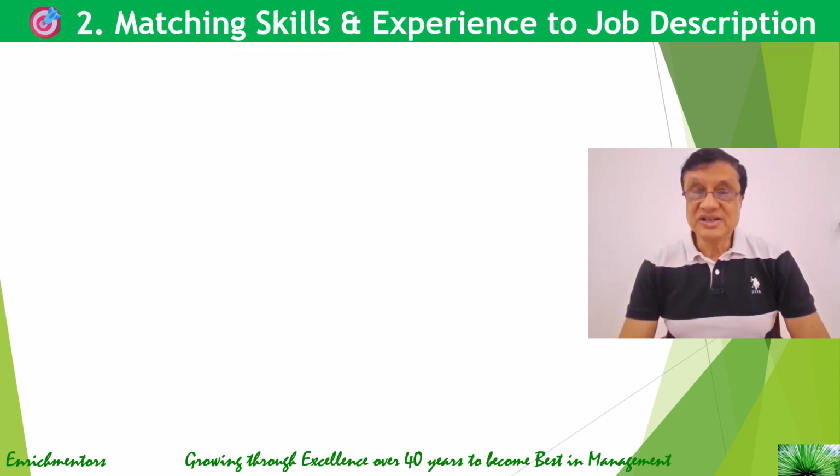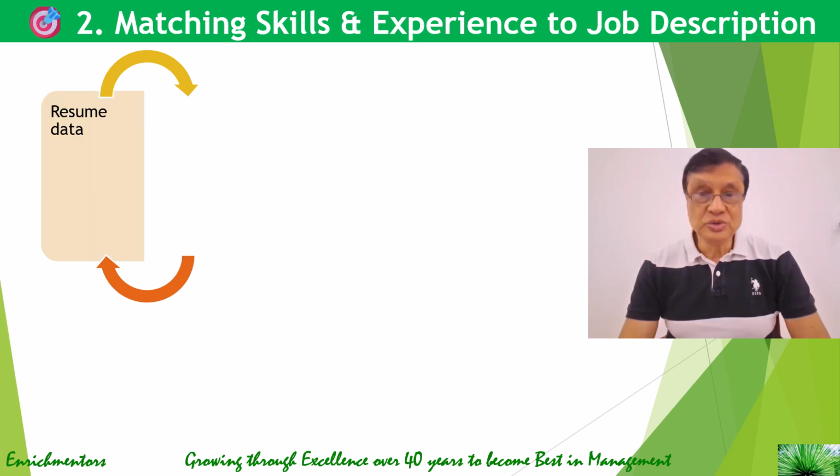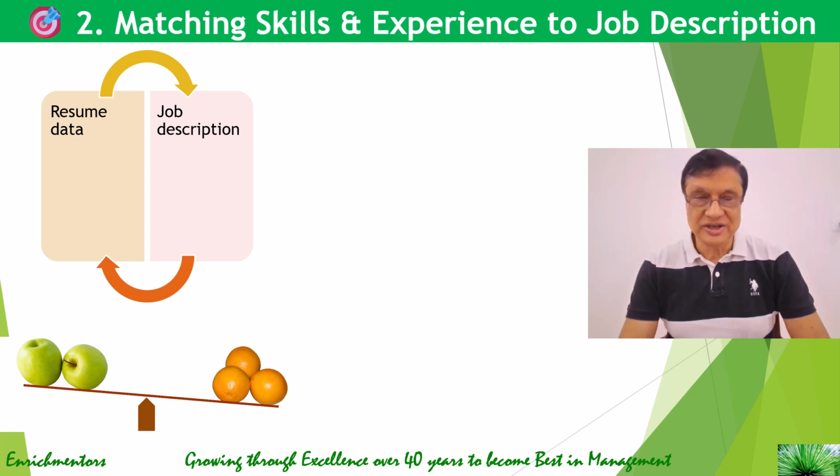Then it matches the skills and experience to job descriptions. How does it do that? AI compares the resume data to the job description using semantic similarity. For example, it recognizes JavaScript and web front end as related. Two different words, but it recognizes that they are similar in meaning.